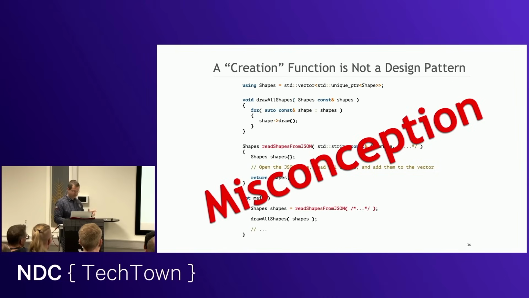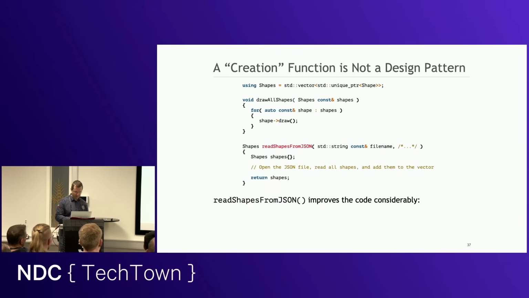Again, don't get me wrong, it's a valuable thing, but it has nothing to do with software design. This definitely improves code, without doubt. It encapsulates this creation process, super valuable, because now you can change things in one place, in one function. If a new kind of shape enters the picture, you can do this in this one function.